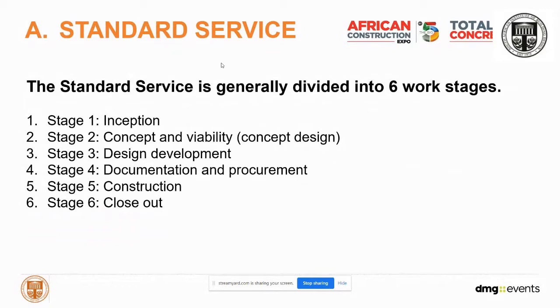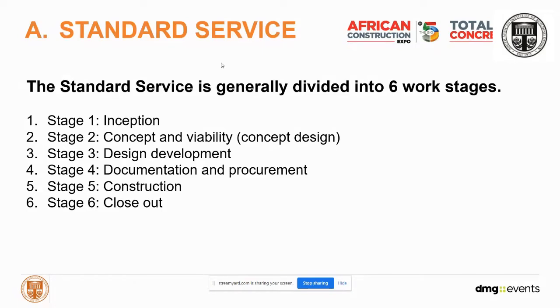And so the standard service is generally divided into 6 work stages, as we all might be familiar with. Stage 1 to 6: inception, the concept design stage, design development, documentation and procurement, construction, and closeout. So that would be the first type of service that we need to inform our clients about. And in so doing, try to contextualize whatever service they're looking for.